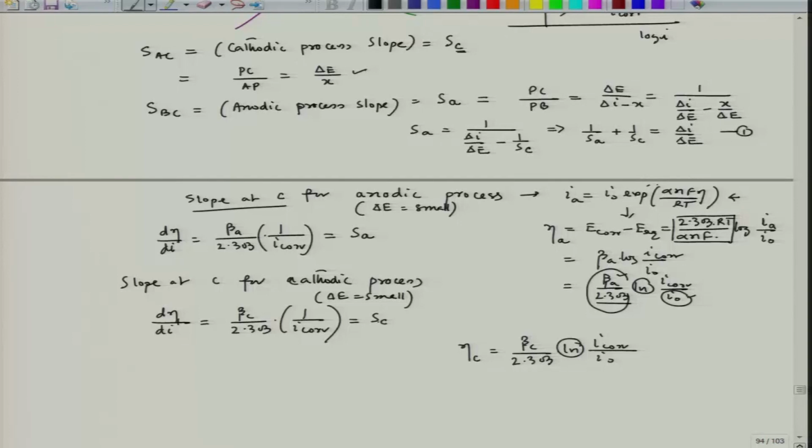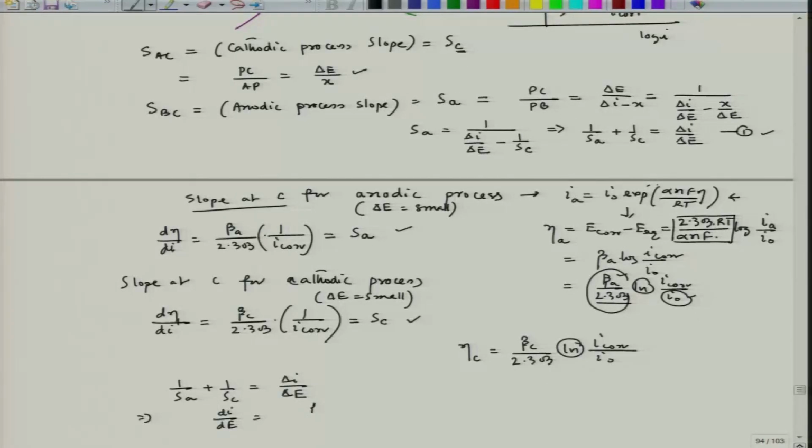So now this is nothing but S_C. So now if I put these two things in equation 1, 1/S_A plus 1/S_C equal to ΔI/ΔE. So then I can write ΔI/ΔE equal to I_corr, or I can put S_A equal to this.